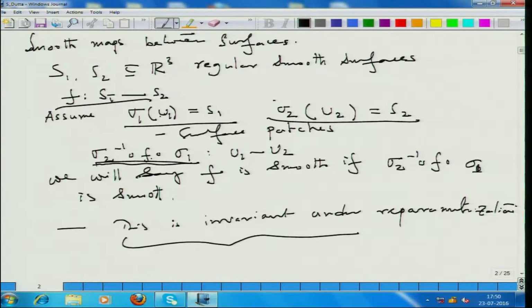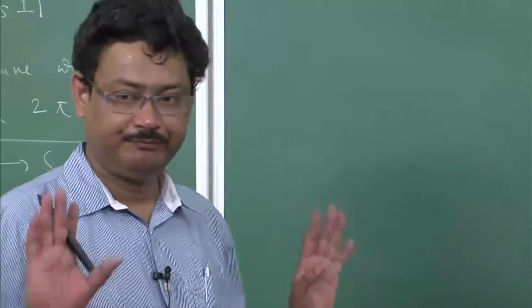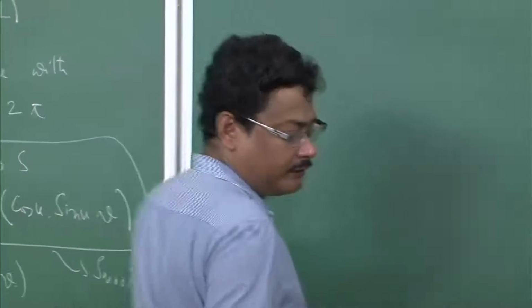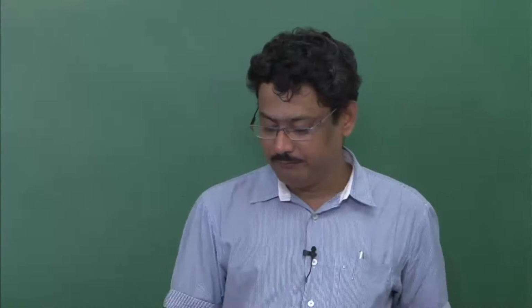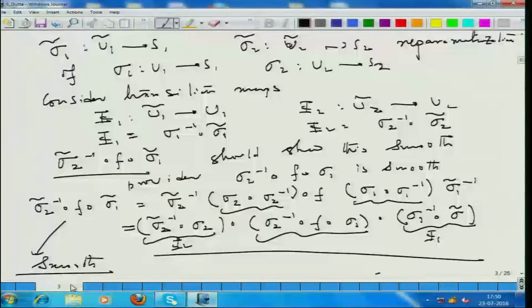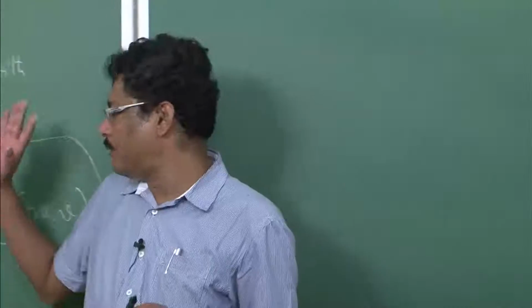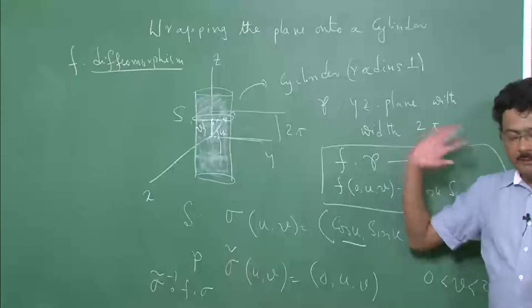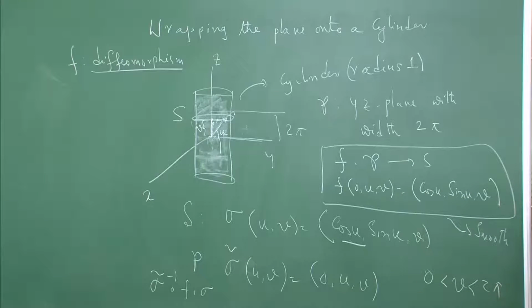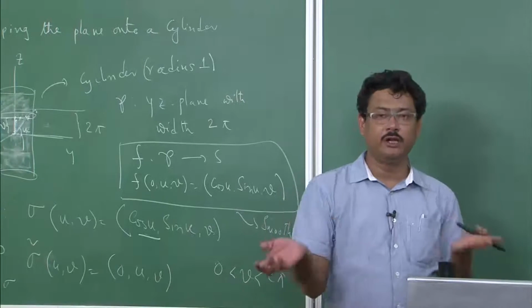I will give a one minute pause. Look at the two pages together and understand what we are saying: whatever property of a surface we define has to be invariant under reparameterization, because if the property changes with reparameterization, then we cannot deal with the property.